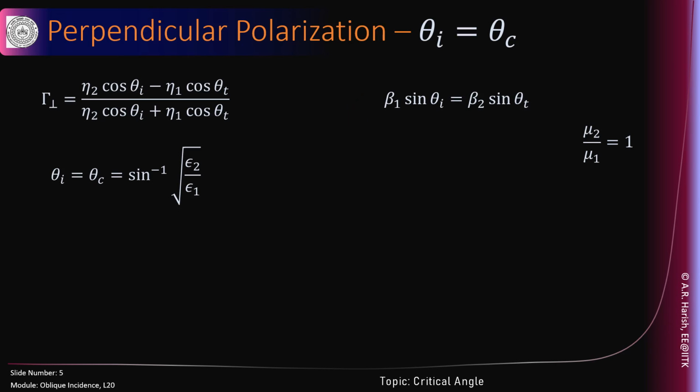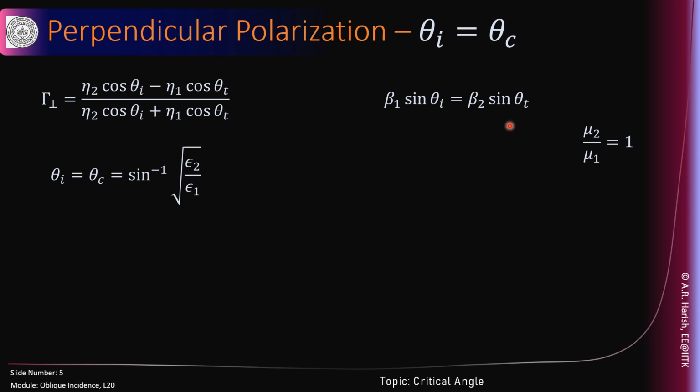Now we ask the same question: what happens in the case of perpendicular polarization? The equation for the reflection coefficient is given here, which is gamma perpendicular, and we have Snell's law given by beta 1 sine theta I equal to beta 2 sine theta t.